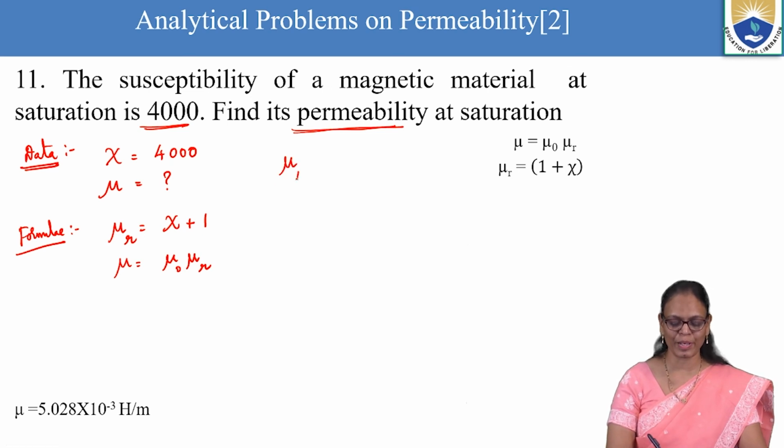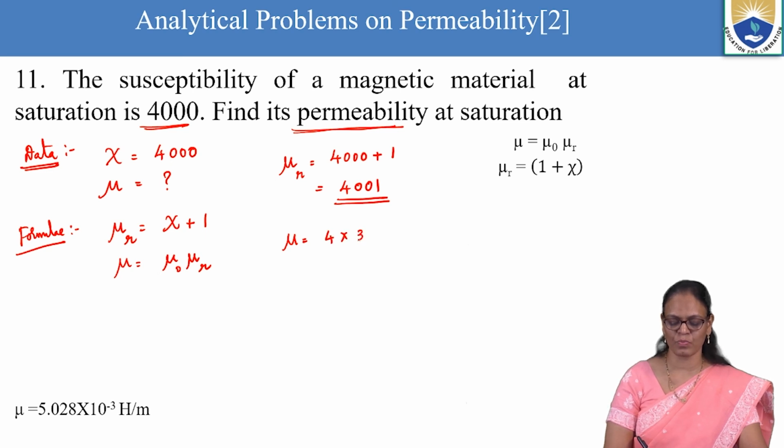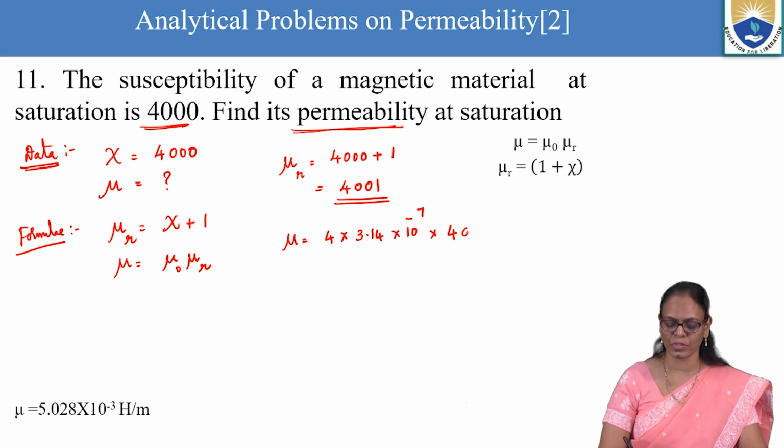So, mu r will be equal to what now? 4000 plus 1. So, this is 4001 is the value of mu r. And what is mu? 4 pi, that is 4 into 3.14 into 10 power minus 7 is the value of mu naught, into mu r, which is 4001.